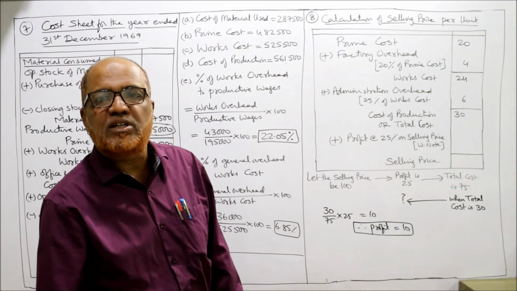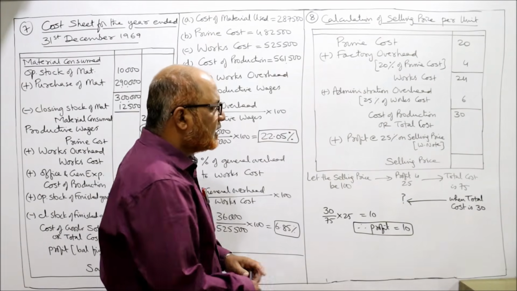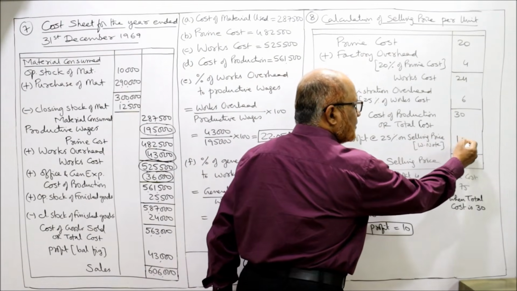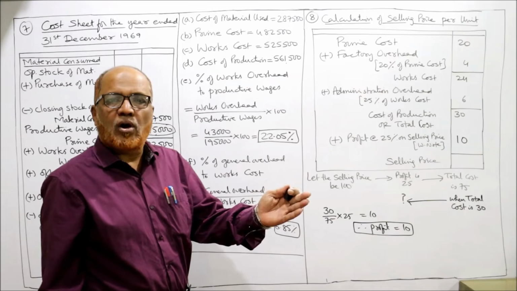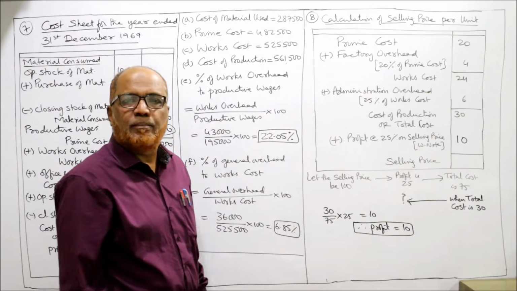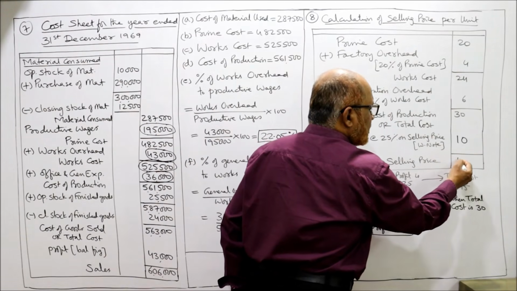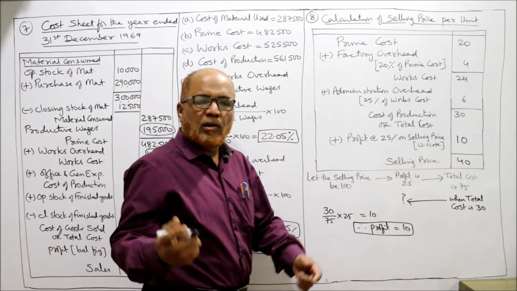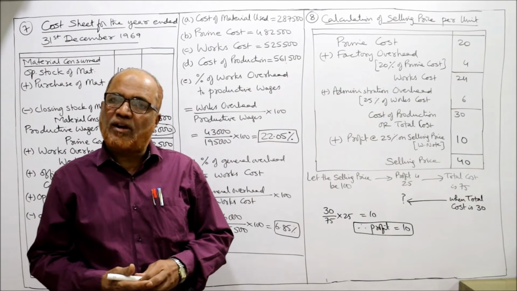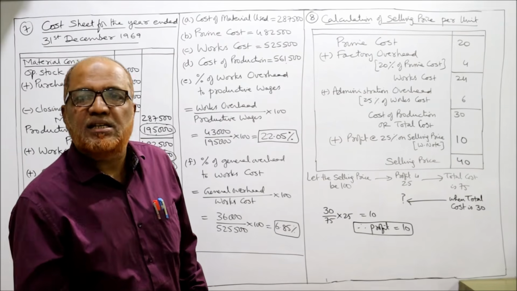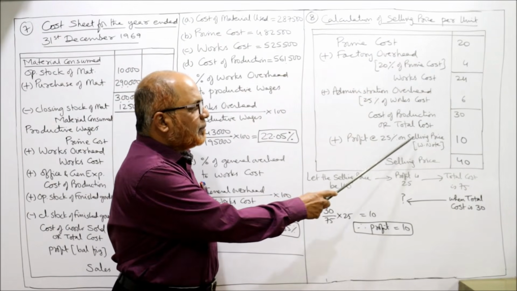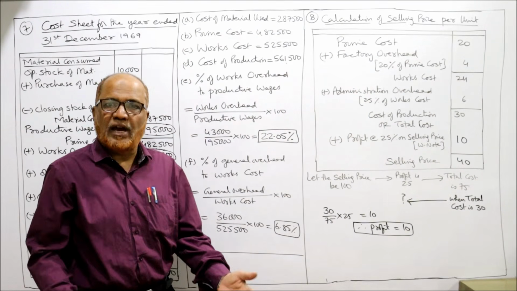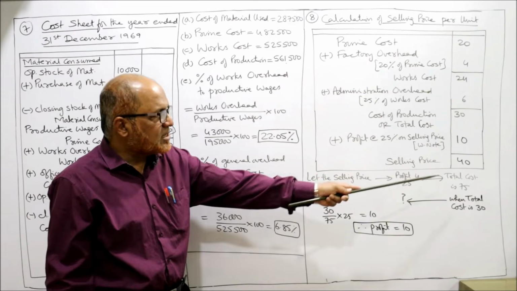We got the profit of 10 rupees. Now we take the profit here, 10 rupees. Now total cost plus profit is equal to selling price. 30 plus 10, 40. Now we can verify whether our answer is correct or not. It is given in the problem that profit is 25% on selling price. Now we have the selling price. What is the selling price? 40.